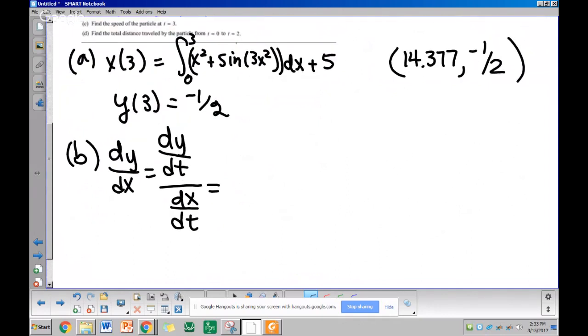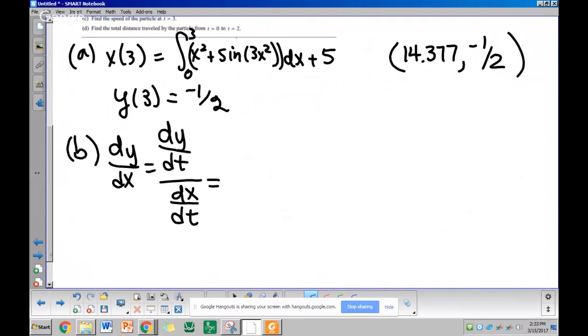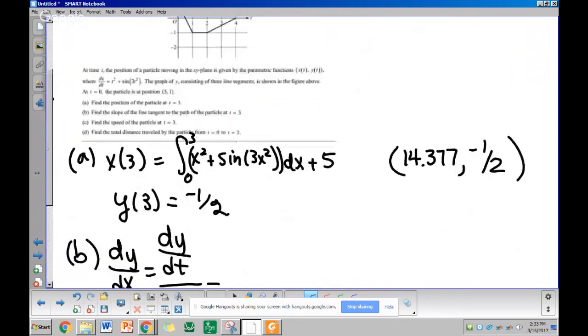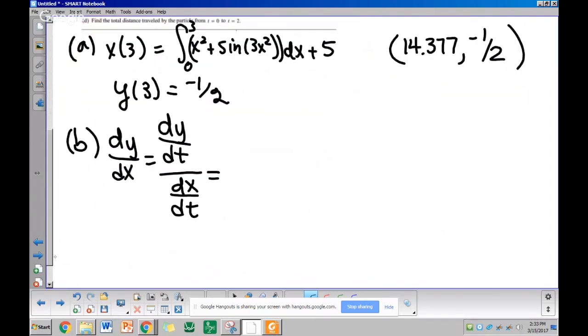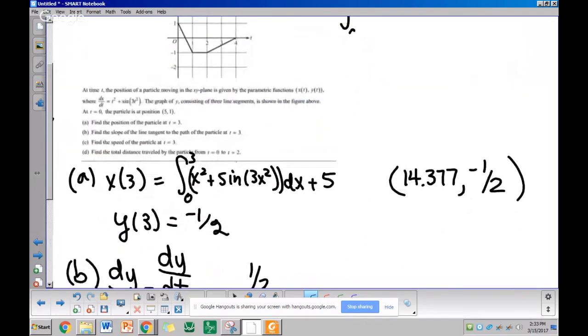Now, the AP people are going to want to see this comment right here. This is the calculus, isn't it? Then you have the dx dt and dy dt. So dy dt is the slope. Jake, what is the slope for us there? At 3, 1/2. And then the dx dt, which we stick in our function at 3.